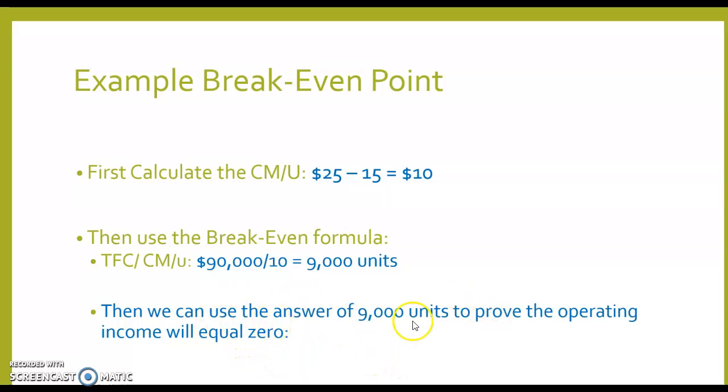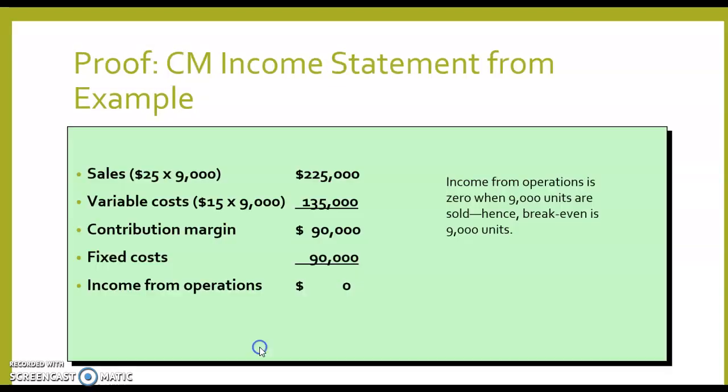Now, we can go ahead and prove that the 9,000 unit is the correct answer by filling out a contribution margin income statement. Our sales was $25 per unit times the 9,000 units we just figured out. That's 225,000 of total sales we would have.